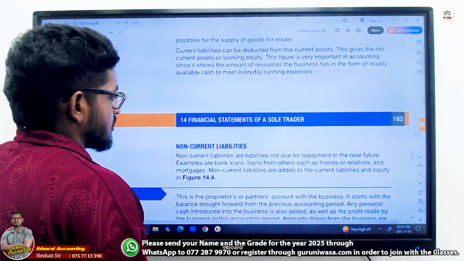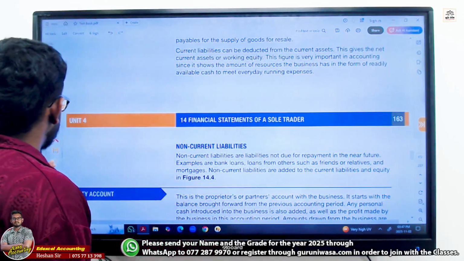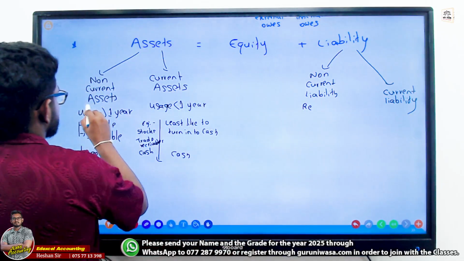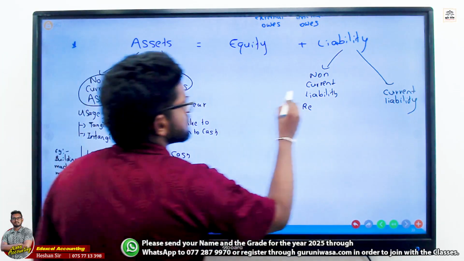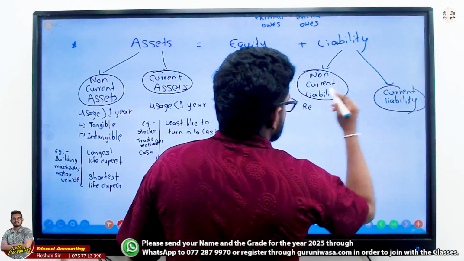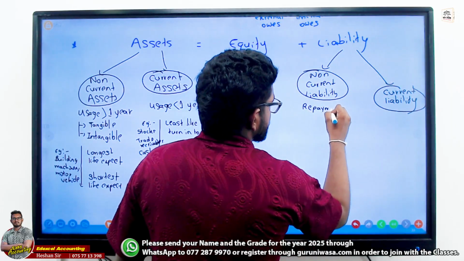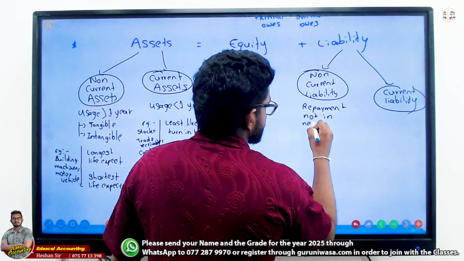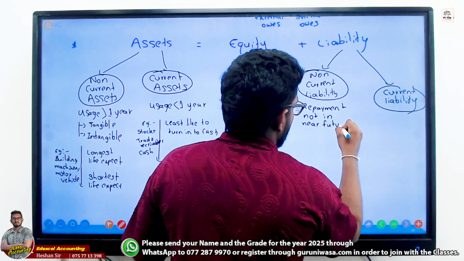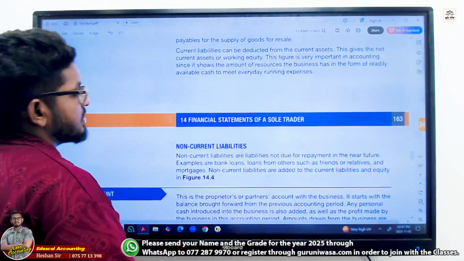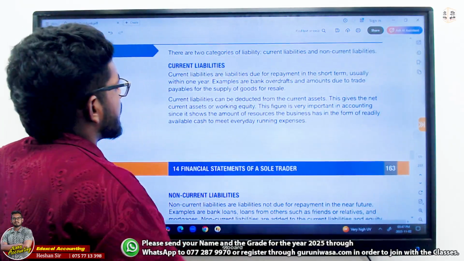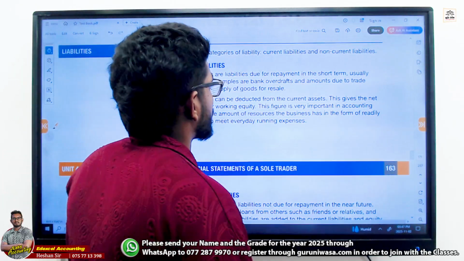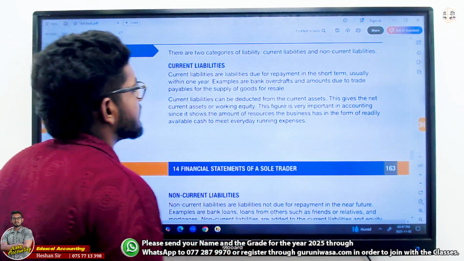Now, repayment not in the near future. When it comes to current liability, current liabilities are liabilities due for repayment in the short term, usually within 1 year.